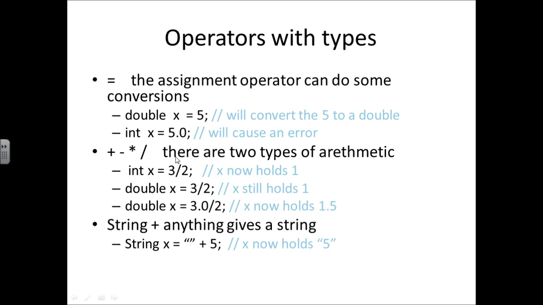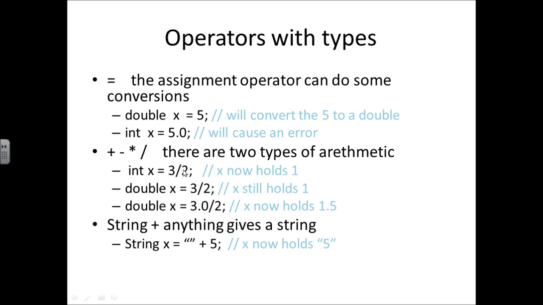And then there are two types of arithmetic. We've got addition, subtraction, multiplication, and division. There is integer arithmetic, and then there's double arithmetic. I think we've talked about it, and some of you have got it, but some of you still don't. If I have 3 divided by 2, both of those numbers are integers. Java will do integer arithmetic.